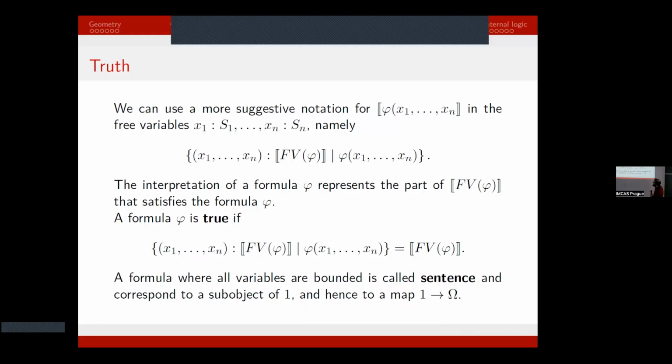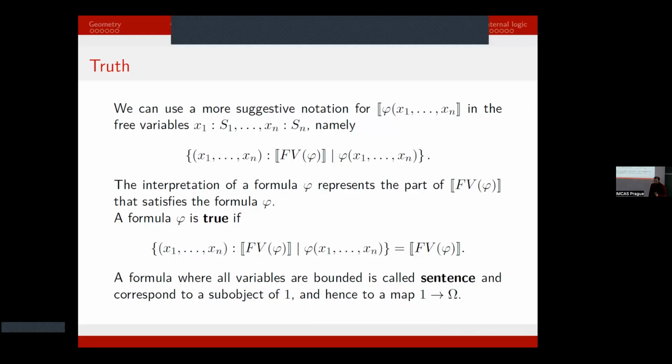Now, in particular, if a formula has no free variables, all variables being bound, this formula is called a sentence because it's a generic statement about mathematics. It doesn't depend on parameters that you might plug in. So as I said, the interpretation of the empty collection of free variables is the terminal object, which means a sentence is just a sub-object of one.